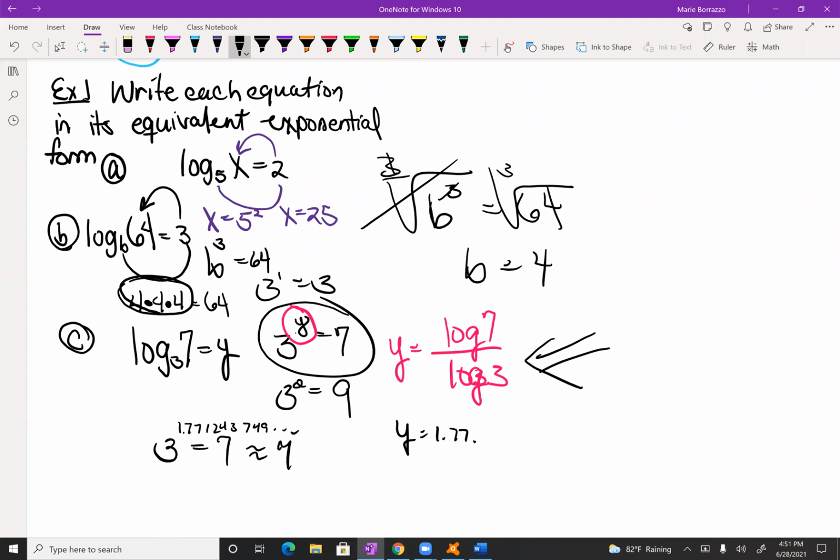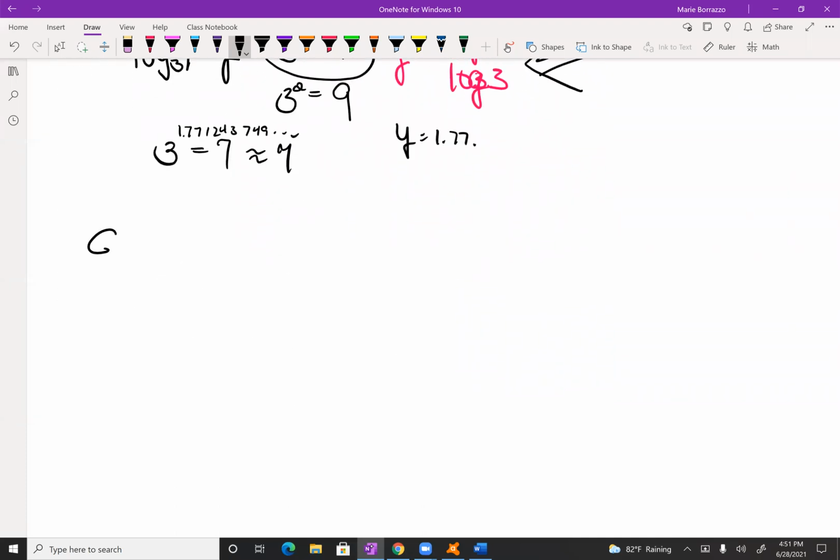All right, awesome. So that is going from logarithmic to exponential. We're going from logarithmic to exponential in this example. In example 2, we're going to go from exponential to logarithmic.